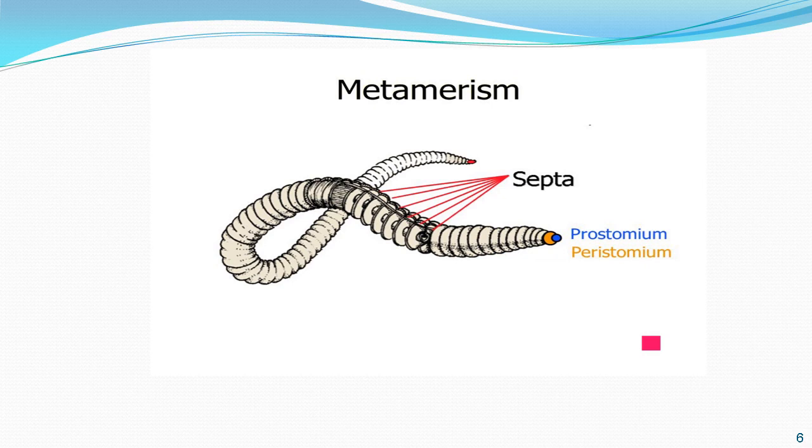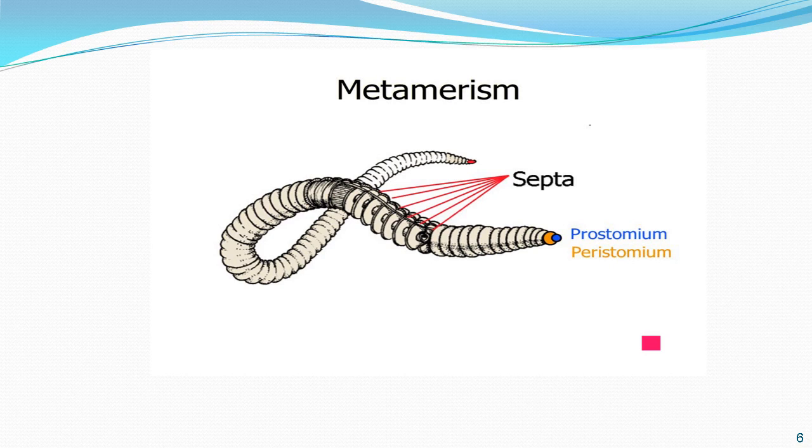The first character we mentioned is metamerism. Metamerism means the body of this animal is divided equally throughout its length. This division is there externally as well as internally. Can you see this figure? Not only outside, the same division continues inside also.